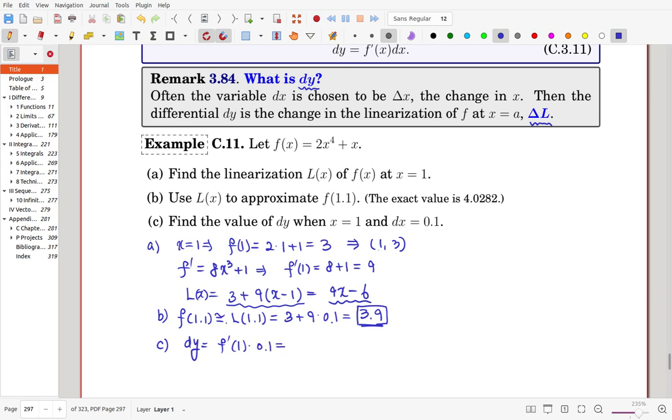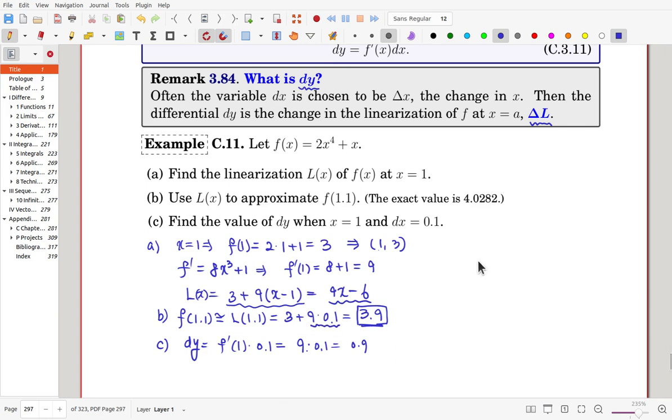And f prime at 1, we already know, is 9. So 9 times 0.1 is the same as 0.9. And that 0.9 is the same as that one.